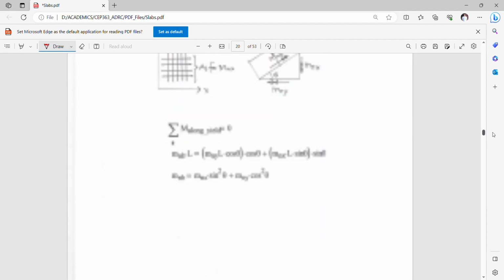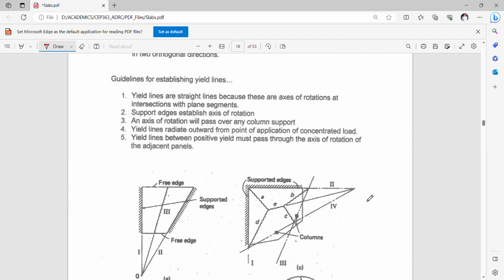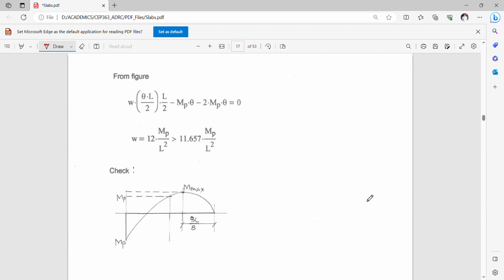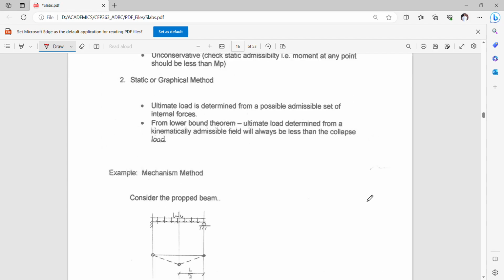So let's now talk of some fundamental principles of the method.